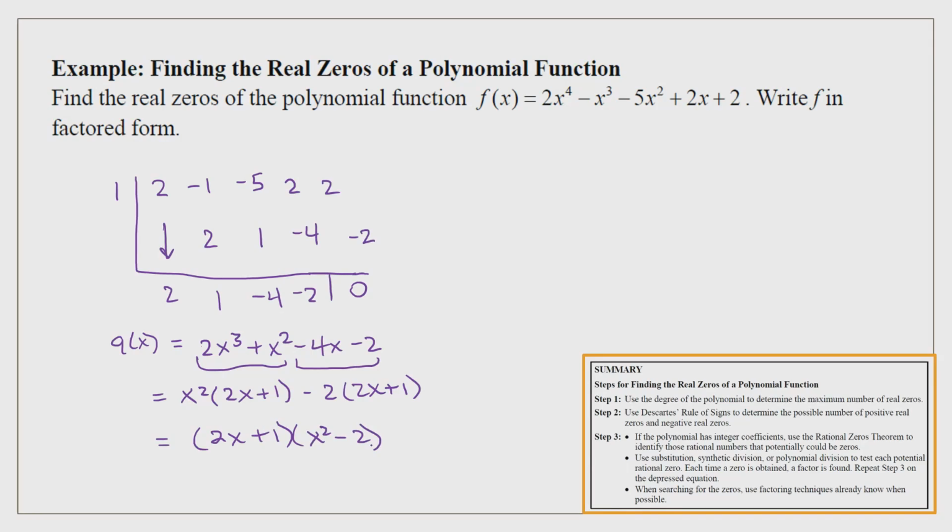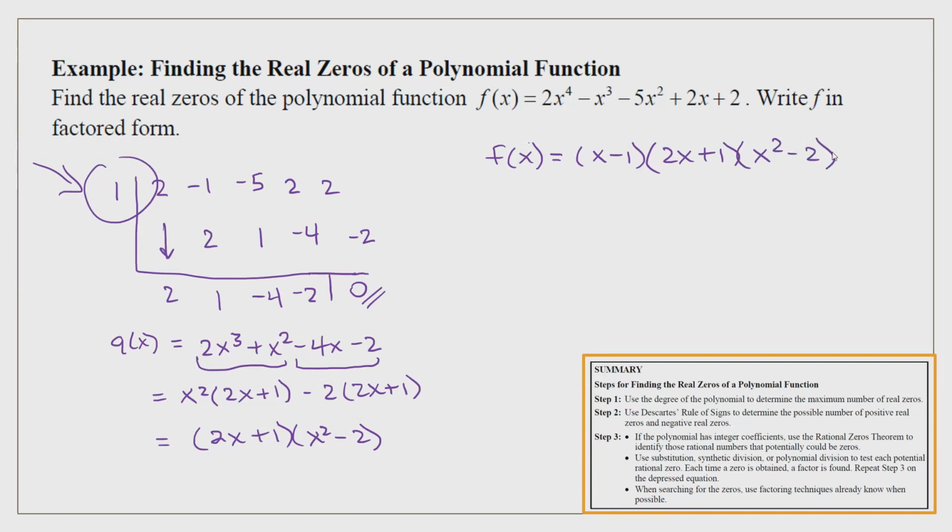Okay. So we have now factored f of x. So f of x in factored form is now x minus 1. That's what we got here when we tested it, because we got 0, so we know 1 is a 0. Its factored form is x minus 1. And then we have 2x plus 1 and x squared minus 2.